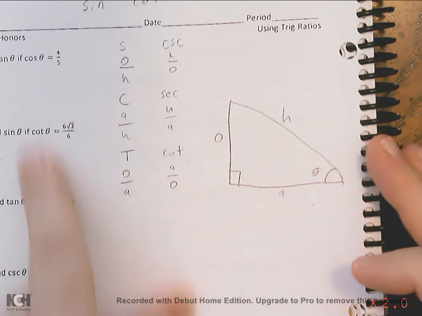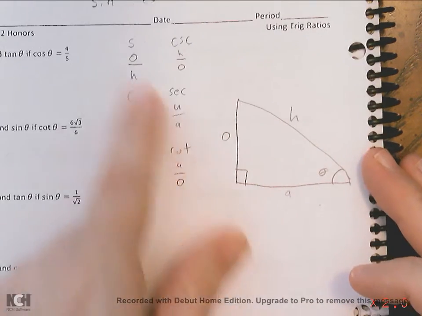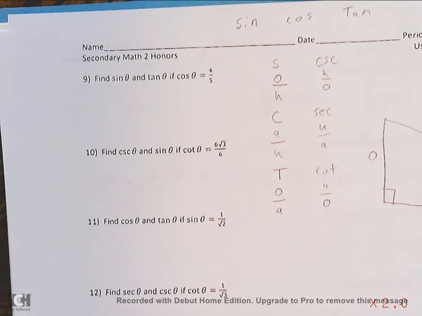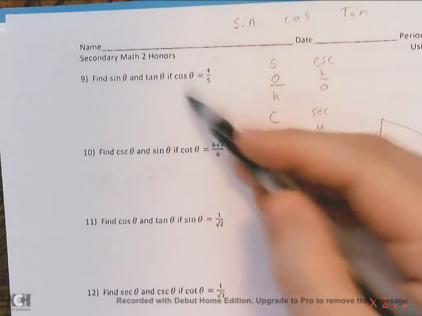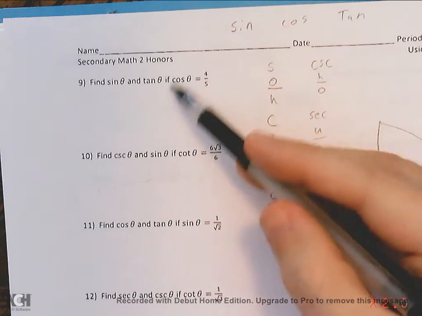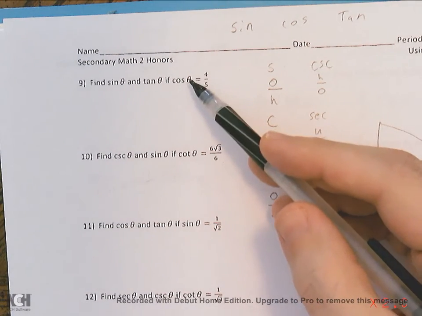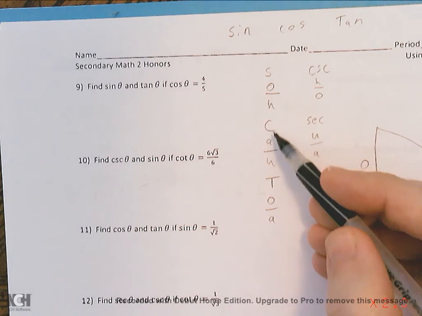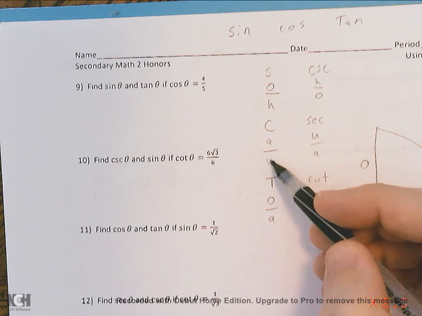This is the stuff you need to know and understand in order to do the next part. Now, what we're going to be doing today is it's going to give me one of these relationships. So it's going to say, I know that the cosine of theta is equal to 4 over 5. So remember, cosine is the adjacent side over the hypotenuse.